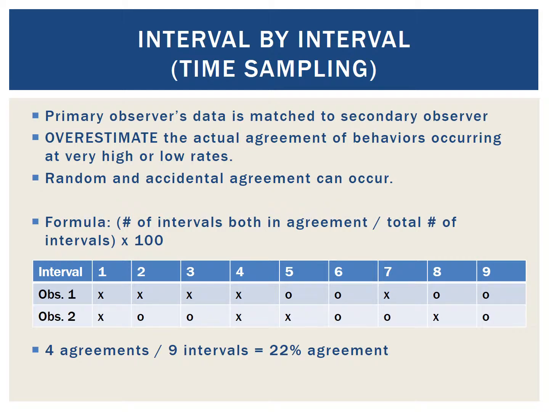Okay, this method should be familiar to you. This is interval by interval. So this is another formula. This is the first method that uses a different formula completely. So here with momentary time sampling, with partial interval, or with whole interval recording, with any of those methods, you're actually looking at observers and you're comparing each interval one at a time.